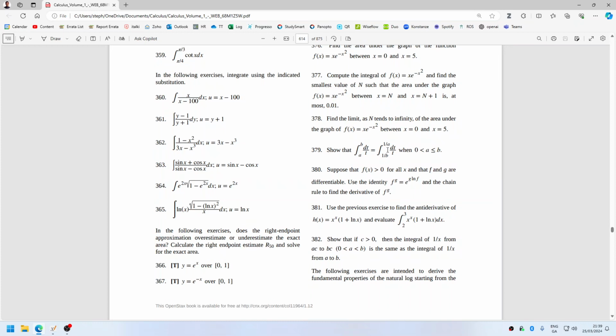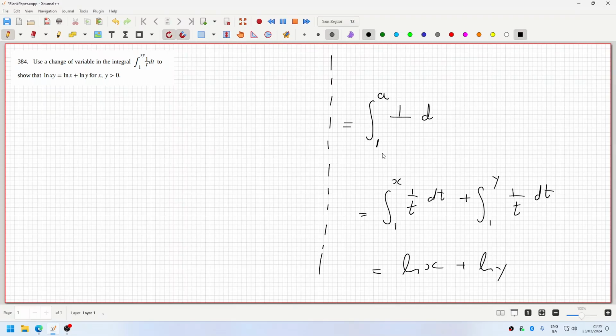We could show that flipping them and the reciprocal doesn't matter. It's a tough one.